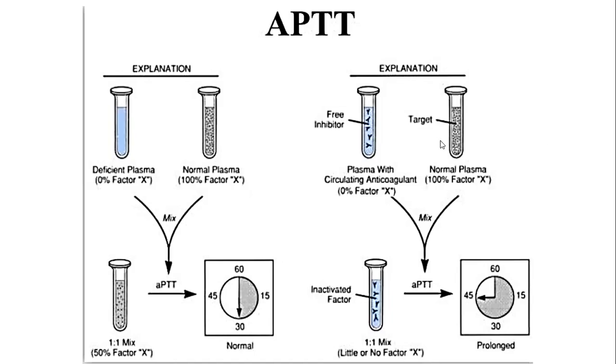Now, how about we try to identify if the reason for the prolonged APTT sa sample ng pasyente is because of the presence of inhibitors. We try to experiment on this man. We try to do some test man. Okay. For example, this is the sample of the patient.